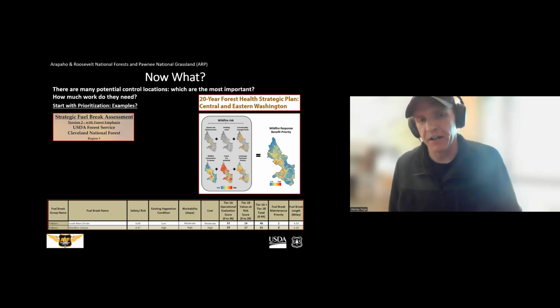And then there's a screen capture from Central and Eastern Washington. After some recent fire seasons up there, the state has made a big investment into wildfire risk assessments. One of their outputs is determining where there's benefits to wildfire response. Again, there are many factors that go into them: homes and infrastructure, drinking water.